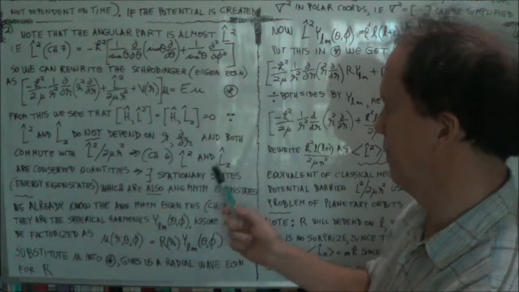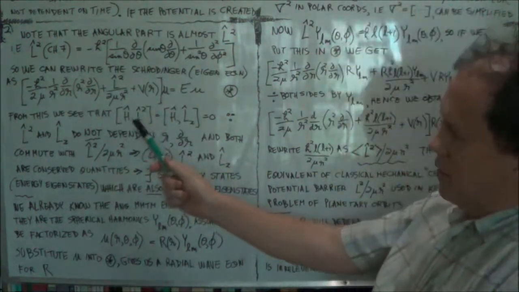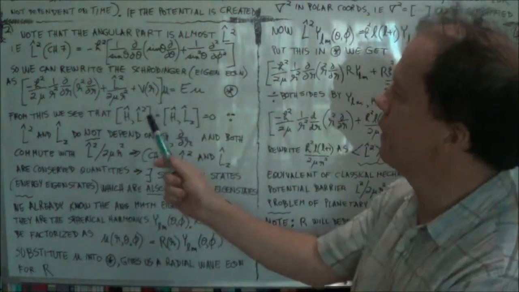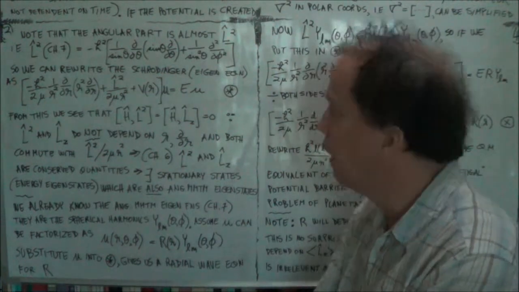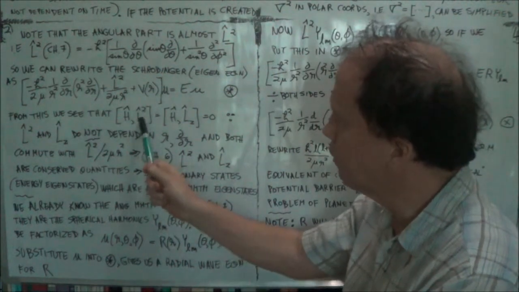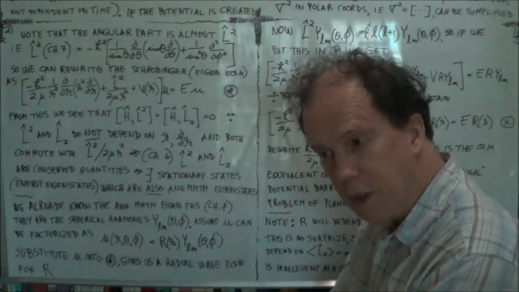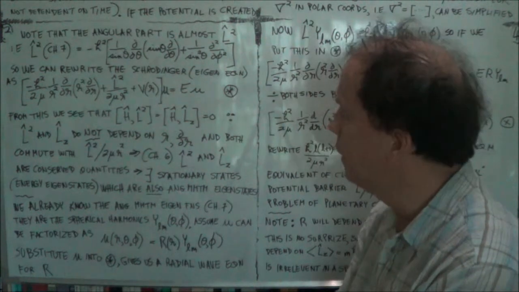Alright. Now, further deductions. You may also remember some theory that if some operator commutes with the Hamiltonian, then the observable corresponding to that operator is conserved. That means it does not change with time.